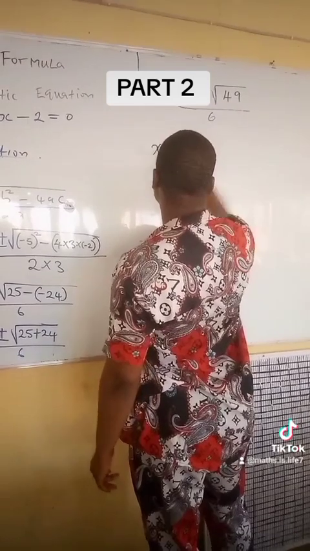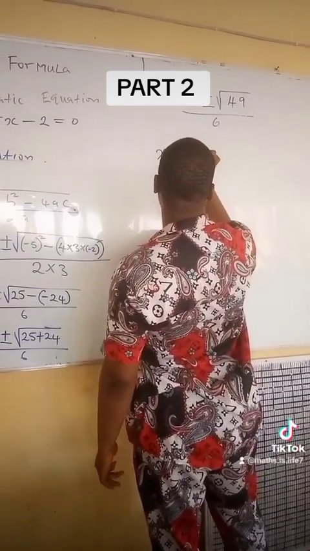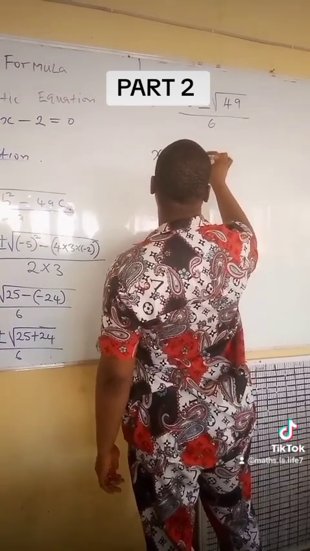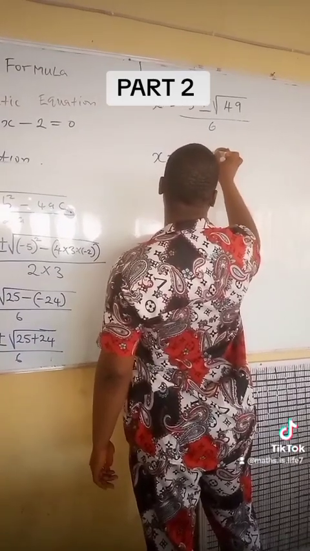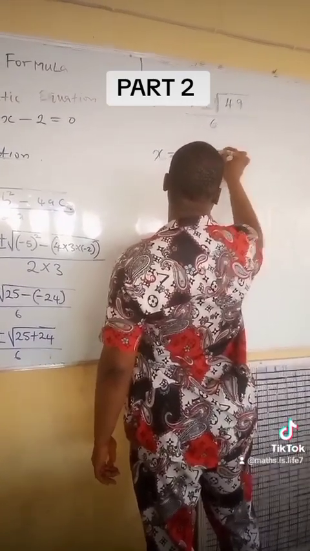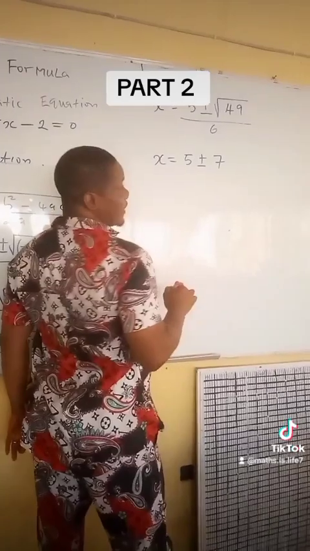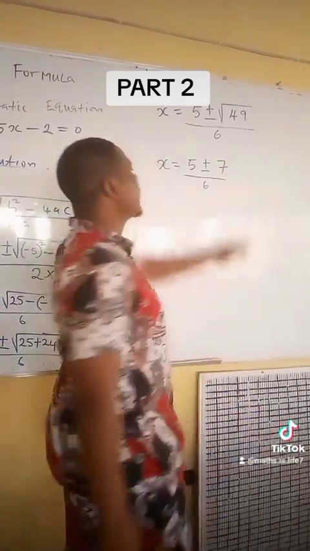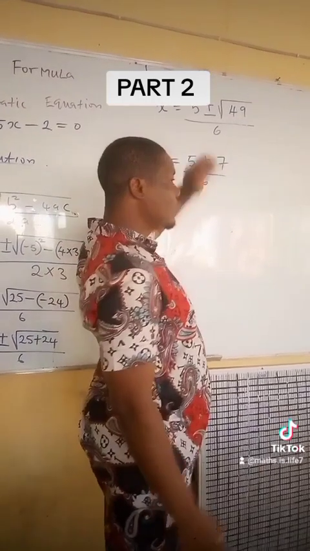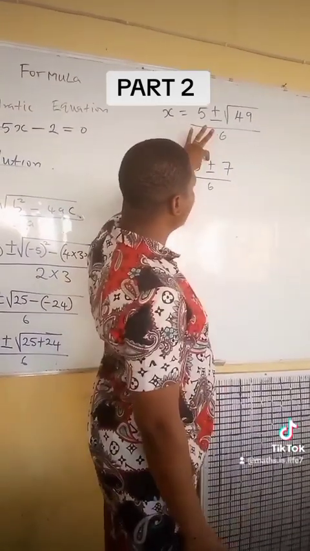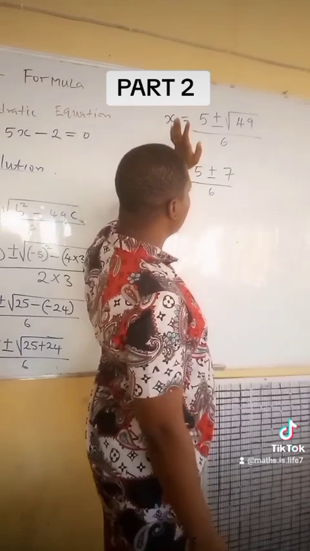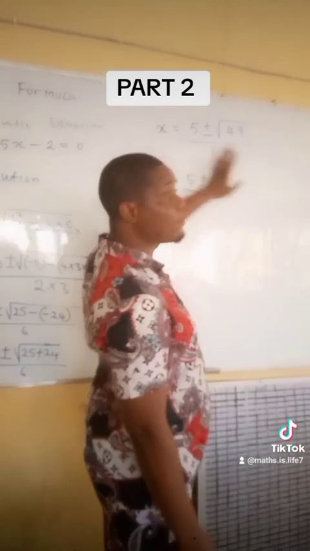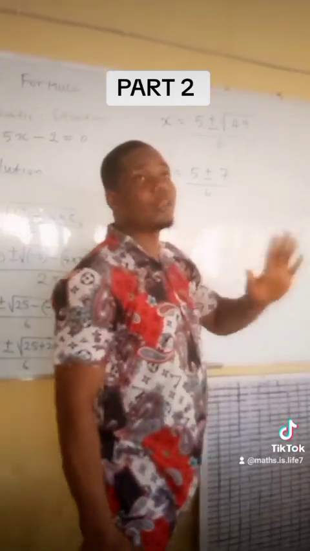So since I have 49, which I know is a perfect square, I'll have 5 plus or minus the square root of 49, which is 7, all over 6. Now when you get to this point, I have my two signs, plus or minus here. So I will have to separate them, let everybody obey their own sign.